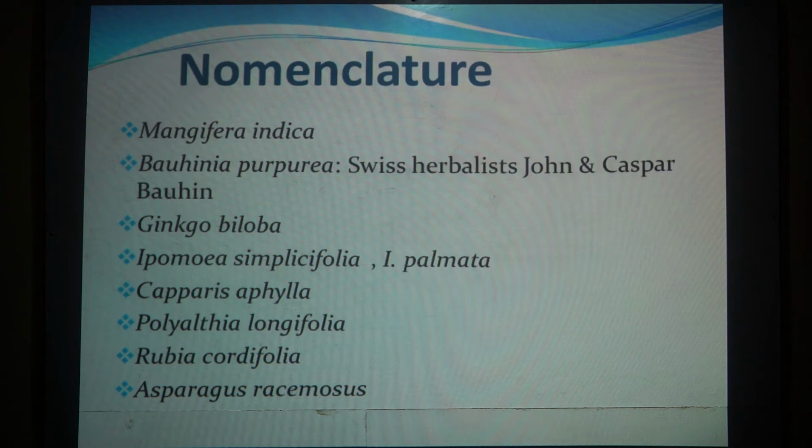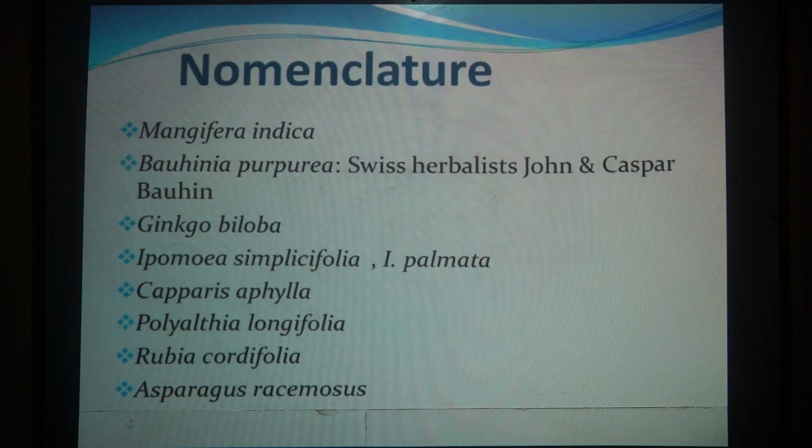So these names may be according to the place of origin. For example, the first example is Mangifera indica. This Mangifera indica, commonly known as mango, has the species name indica, which indicates that the origin of mango is in India. The second example we can see is Bauhinia purpurea.